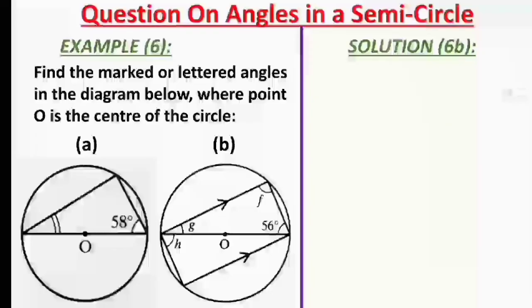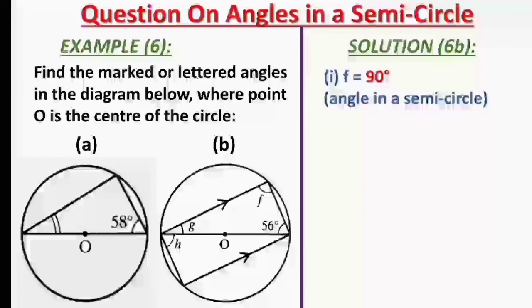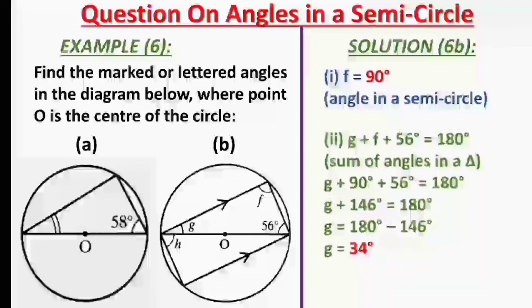Looking at the solution for question 6b, we have three lettered angles here, angles F, G, and H. From the solution, angle F is 90 degrees because it is an angle in a semicircle. To find angle G, angle G plus angle F plus 56 degrees should be equal to 180 degrees.